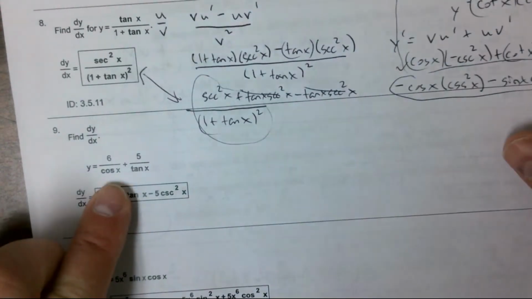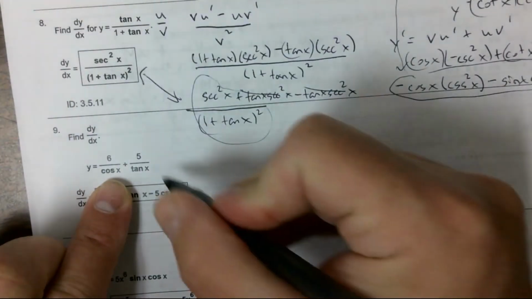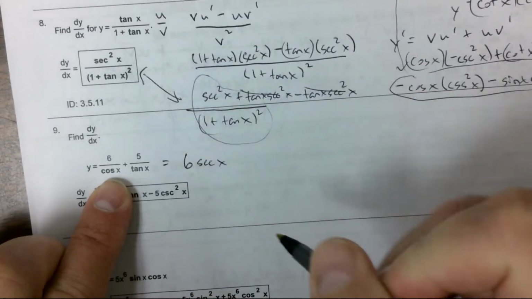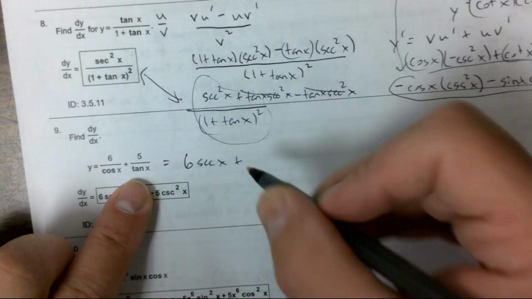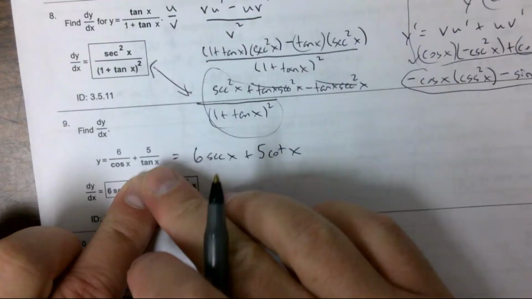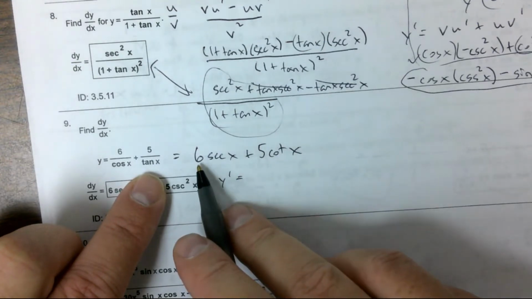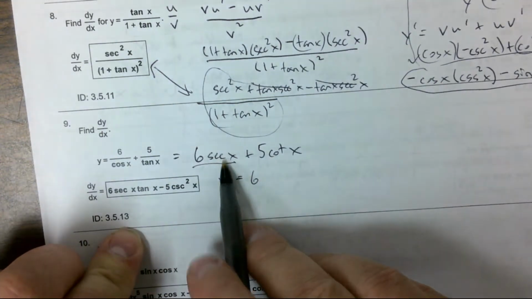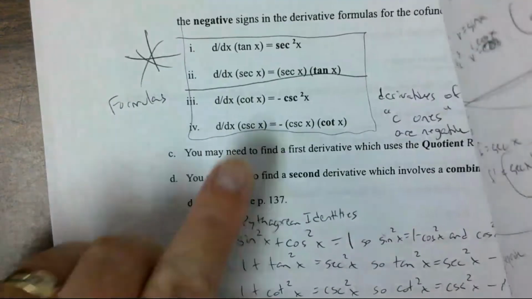So now on this one, we have 6 over cosine. So you might just want to write that as 6 secant x. And then it's 5 over tangent x, so you might just want to write that as 5 cotangent x. So that's just rewriting what y is. Now for y prime, you just take this term, take the derivative, and the derivative of secant is secant tangent, because that was over here.